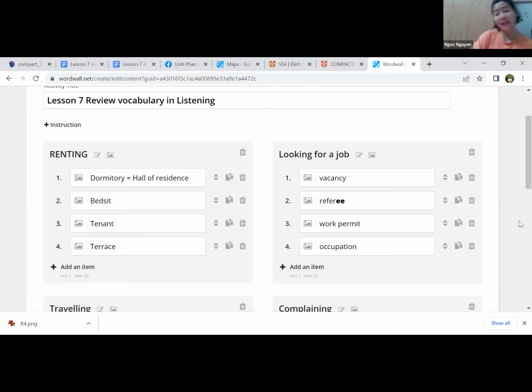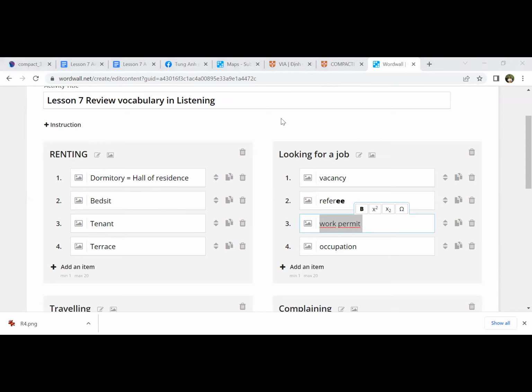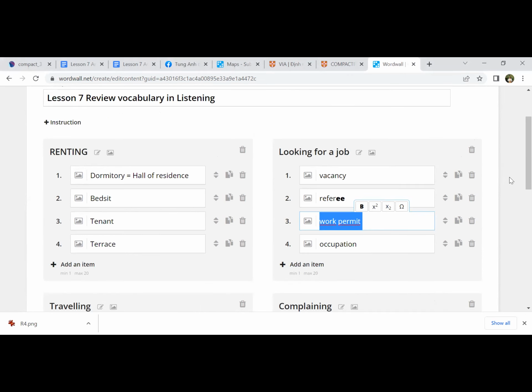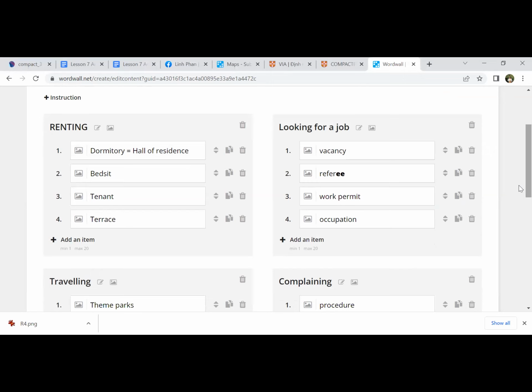Yes, that's good. They are very common choices. Your former boss or your ex-boss and your professor. Excellent choices. Work permit, what is that? I think this is an official document that says you have permission to do a job in another country. Exactly, in another country. Good job.